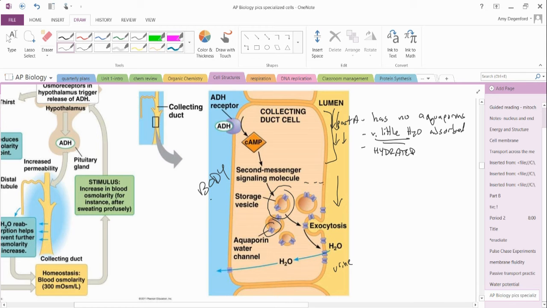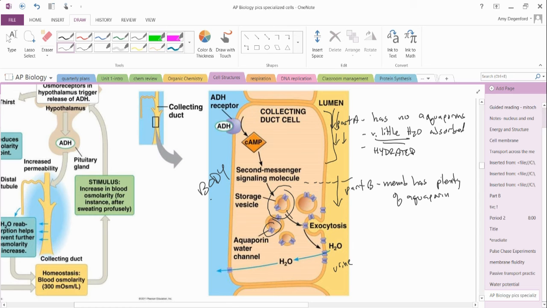Now down here, imagine this is our part B. If we had drawn a different cell, part B, notice these vesicles are fusing with the membrane through exocytosis, and now the membrane has plenty of aquaporins.